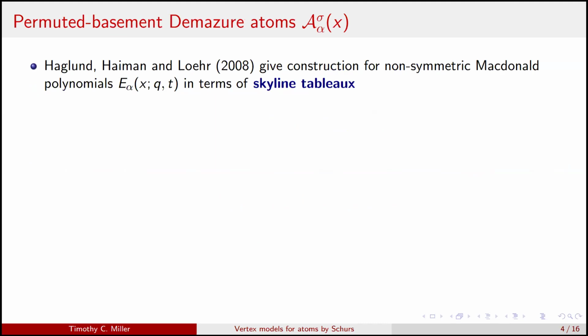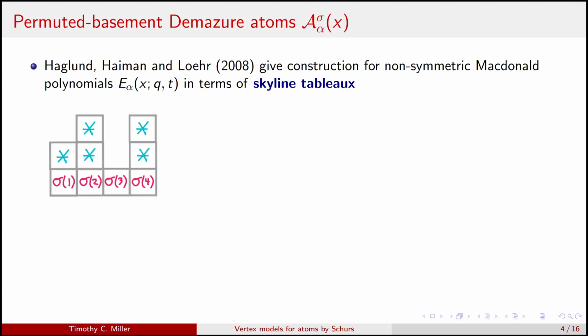First I'll just explain what these polynomials are connected to. In 2008, Haglund, Haiman, and Loehr gave a combinatorial construction for non-symmetric Macdonald polynomials in terms of tableaux called skyline tableaux, and they basically look like this.